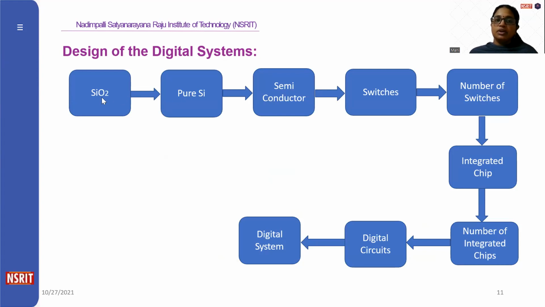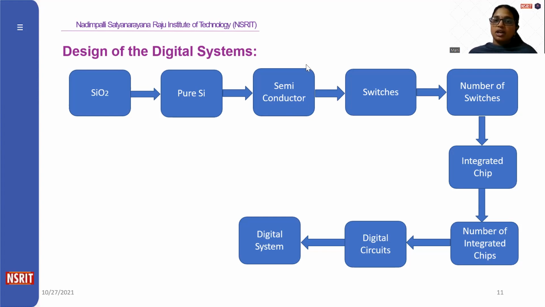Before coming to a digital system, how can we form a digital system? First, we know that silicon is used to form an integrated circuit. Before going to the integrated circuit, let us see how this evolution comes. First, semiconductors are the first era. Then by using semiconductor materials, we manufacture diodes, transistors, and other circuitry.